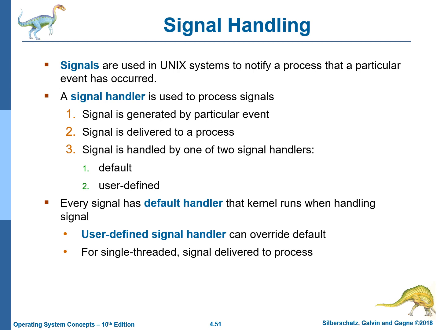A signal is handled by one of two signal handlers: default and user-defined. Every signal has a default handler that the kernel runs when handling the signal. A user-defined signal handler can override the default, and for single-threaded programs, the signal is delivered to the process.